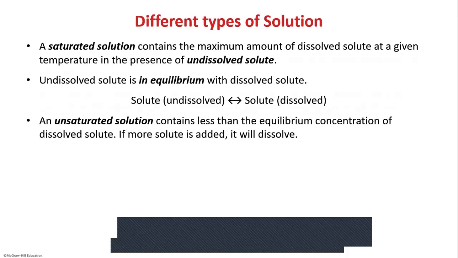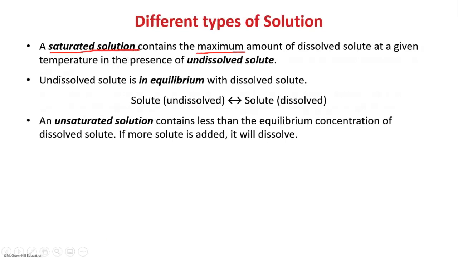So now this is important. There are different types of solutions based on the amount of solute in solution. Pay particular attention here because this is very important. A saturated solution contains the maximum amount of dissolved solute at a given temperature, and this is what we call the solubility.